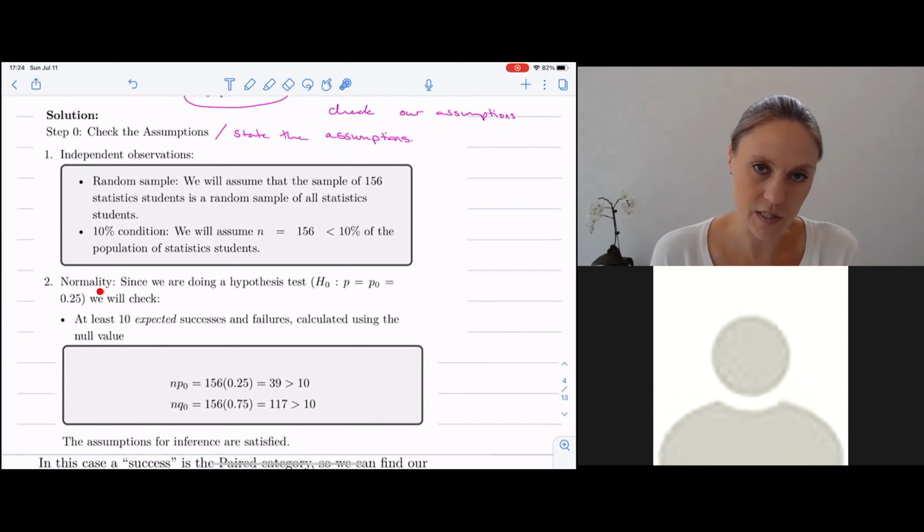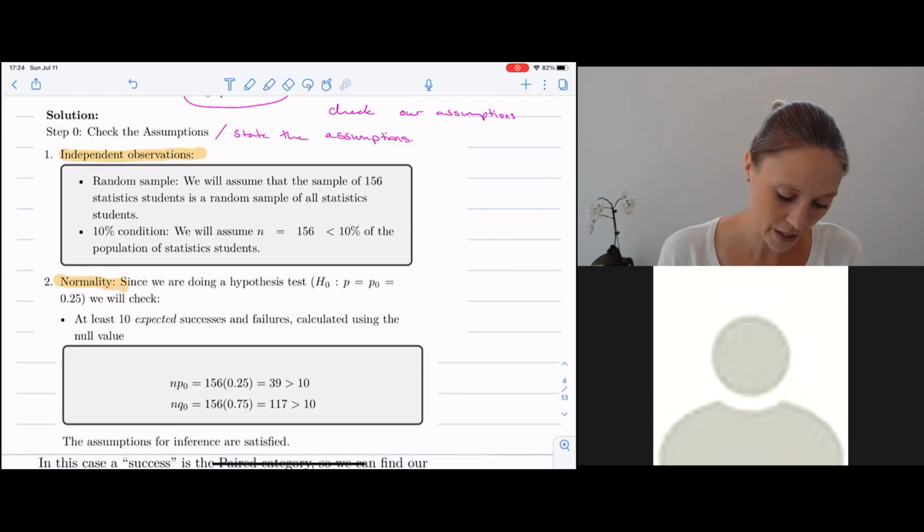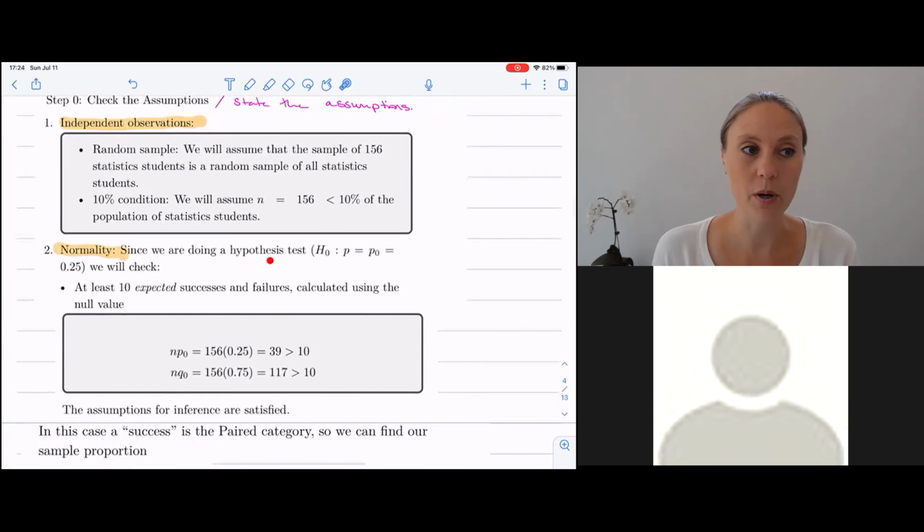The second condition is the normality condition. So the independent observations, and then we have to check normality. Since we're doing a hypothesis test and there's no mention of a confidence interval because we haven't quite introduced them yet for proportions, what we need to check is that we have at least 10 expected successes and failures, which we calculate using this null hypothesized value 0.25.